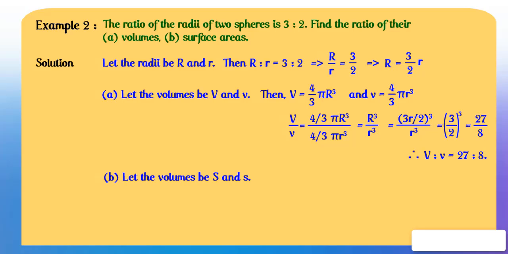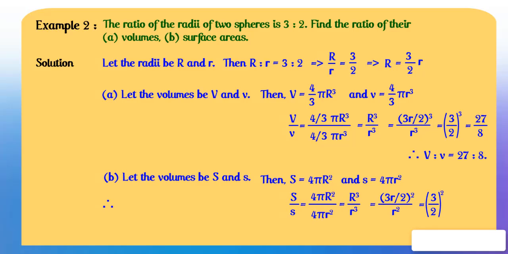B. Let the surface area be capital S and small s. Then capital S is equal to 4 pi capital R square and small s is equal to 4 pi small r square.